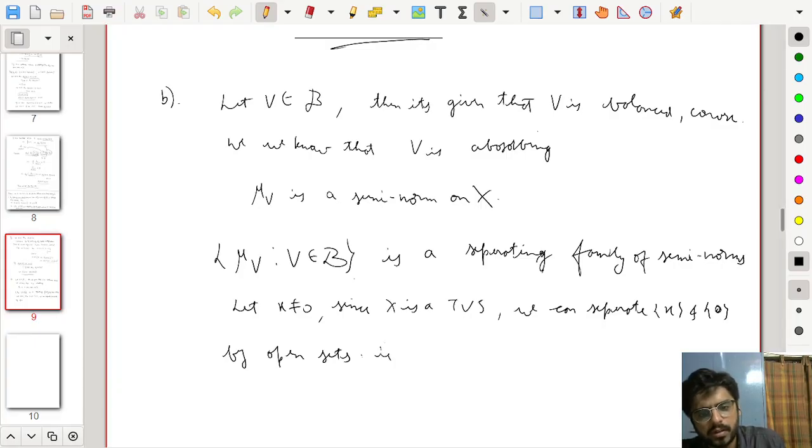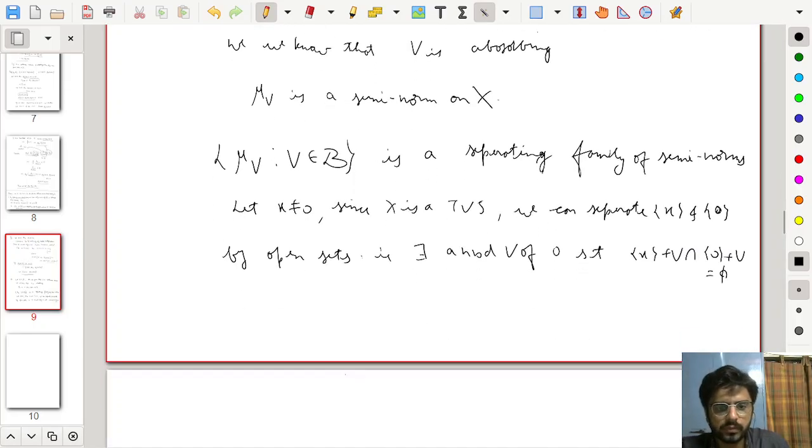That is, there exists a neighborhood V of 0 such that x plus V intersection singleton 0 plus V is empty, right?